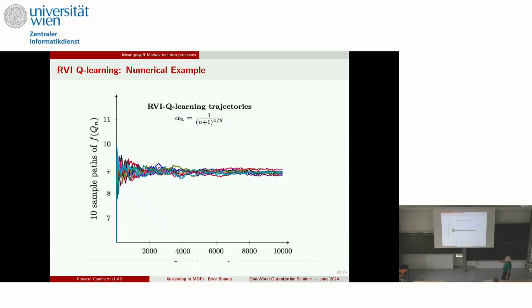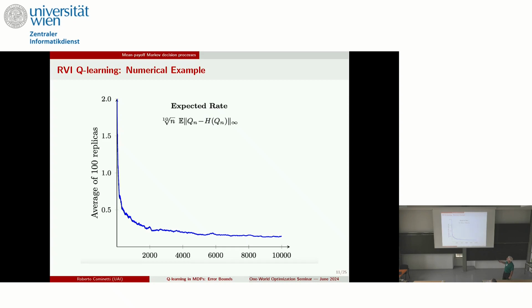So here's another example. If you take a polynomial step size, again decreasing, there are more noisy iterations, but the value still seems to converge. And the rate now is like square root of 1 over n. I must say that these are very slow rates by any standard. Usually one believes that polynomial or power forms are better than log.